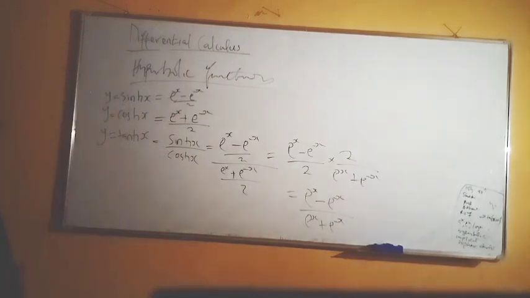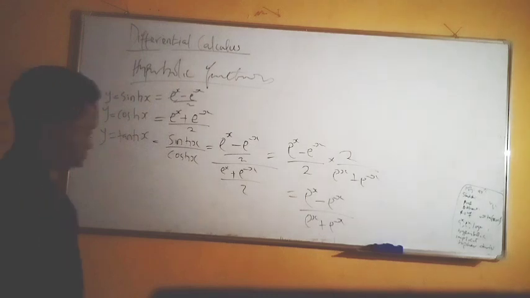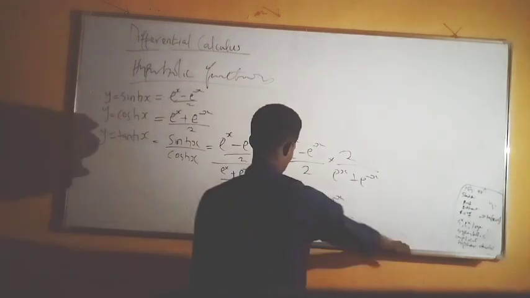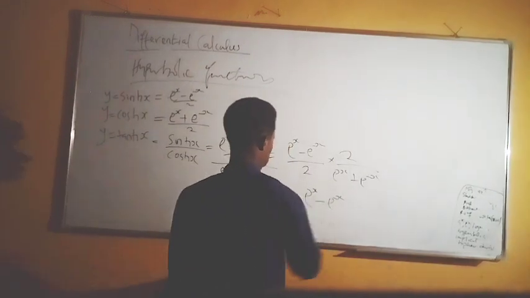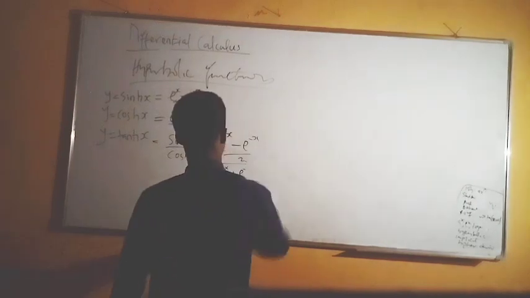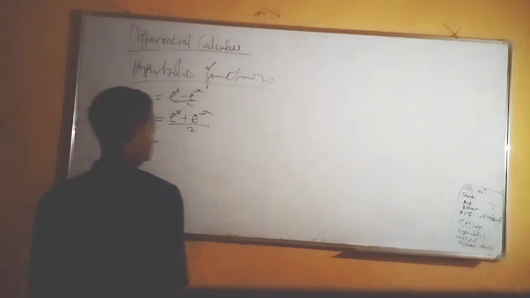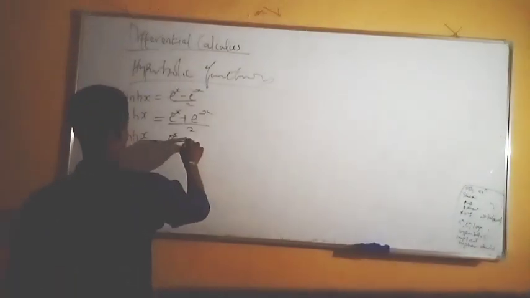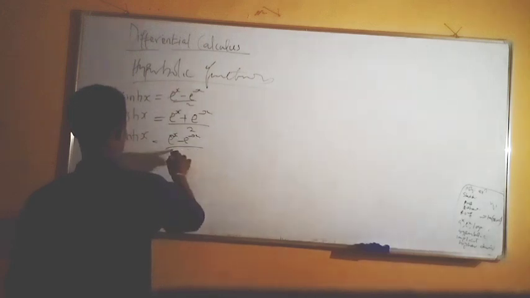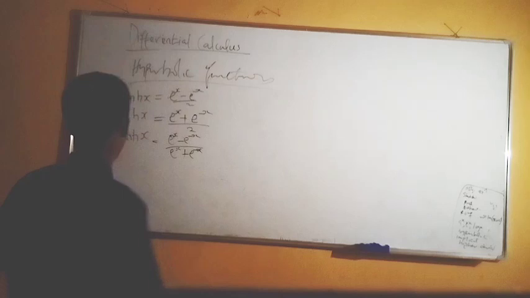So obviously, this is what tanh x is expressed as. So I'm just going to show the differentials for this, and that will be all. How do you differentiate this?